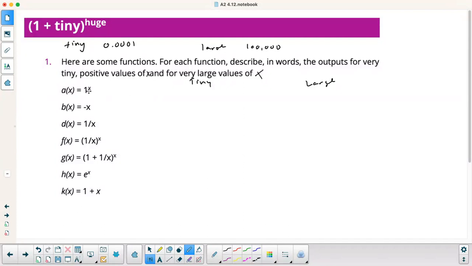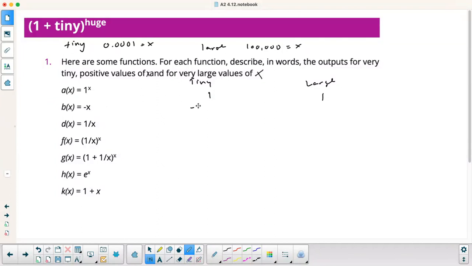So 1 to the 0.0001. Type in your calculator. 1 to the 0.0001. Still 1. Same thing when I plug in 100,000. Still 1. Negative x.